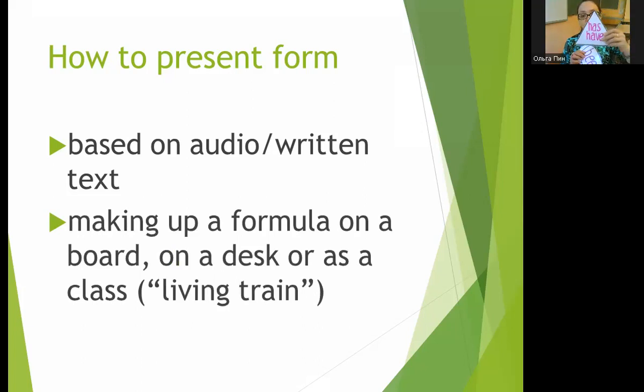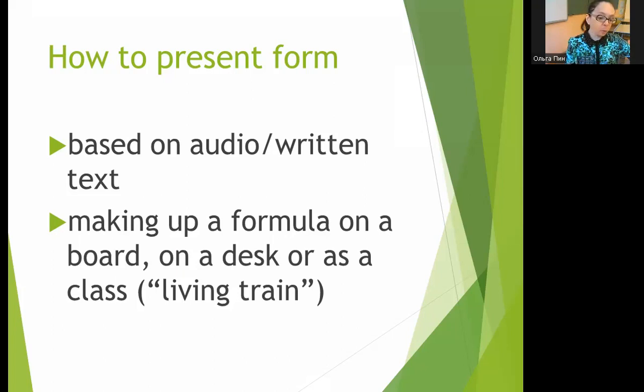So I usually use elements of the correct grammatical form, and I ask the students to make up a formula, either in pairs on their desk, or one student completes this task on the board, or I give one element to one student, another element to another student, etc., and ask the students to stand in line in front of the board so that the elements are in the right order.